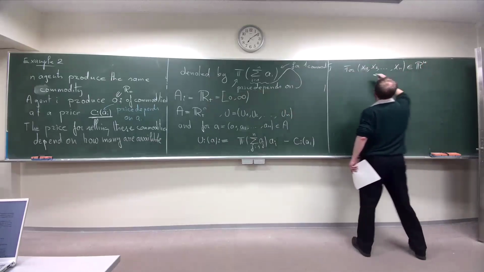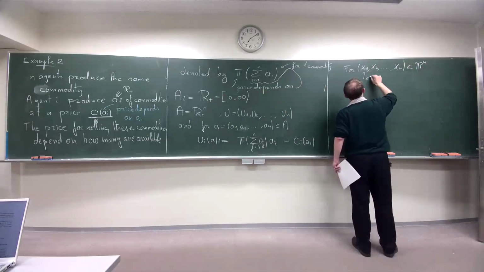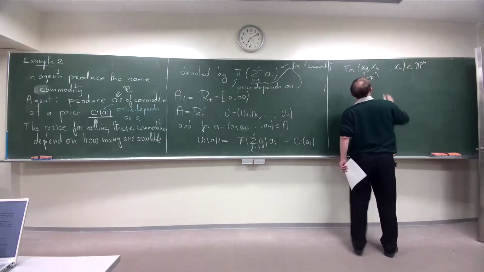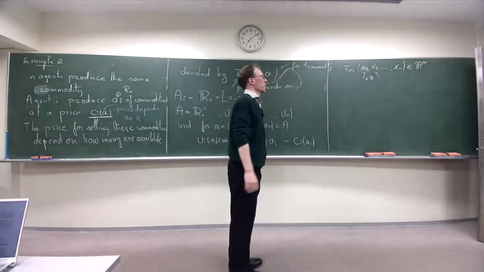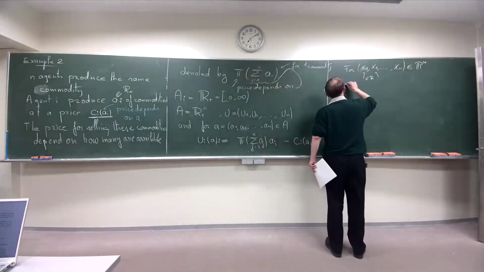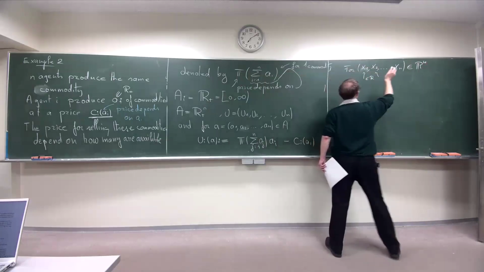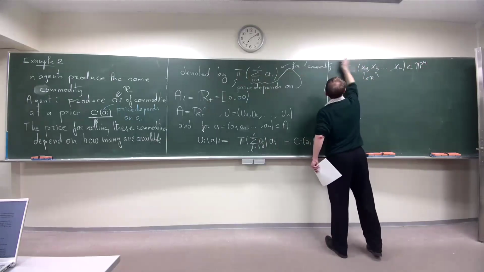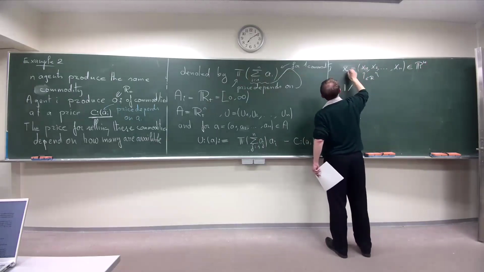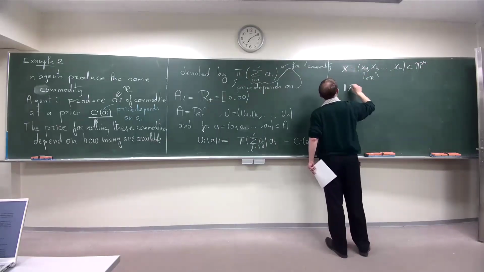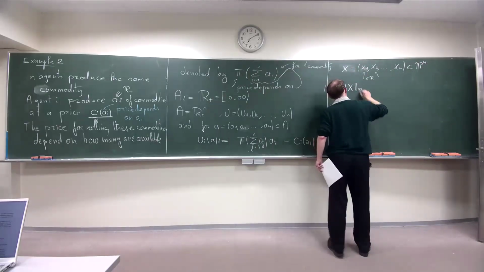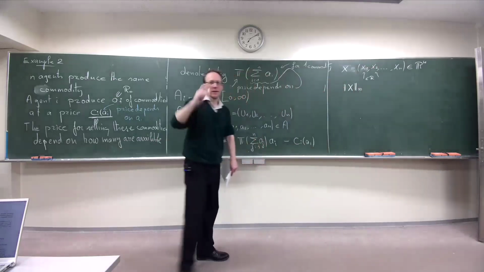I want a vector, so it means this is just a real number. This is again a real number, and so on. If you take a vector, I define a certain norm. I'm going to call this vector capital X. It's just a vector. I will define a certain norm with this index.